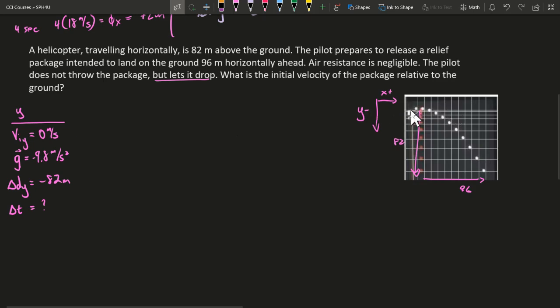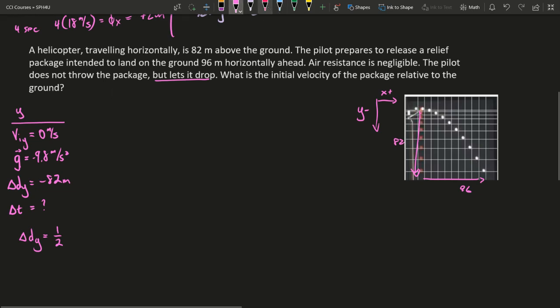So I think I'll do it like that, okay? So knowing that my kinematic equations are as such, delta dy is 1/2.